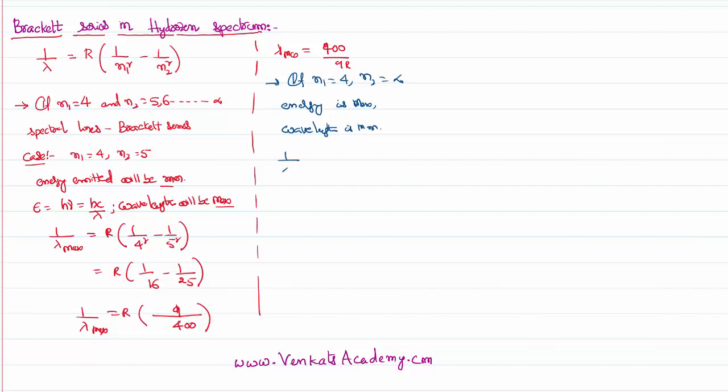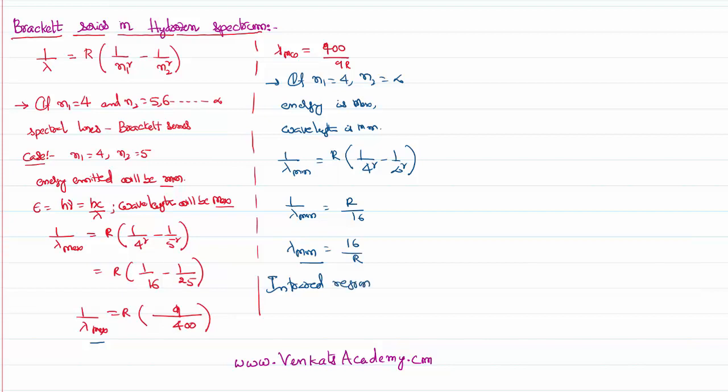We can write that equation. 1 by lambda minimum equal to Rydberg constant of 1 by 4 square minus 1 by infinity square. So 1 by lambda minimum is Rydberg constant by 16. So lambda minimum is 16 by R. If you calculate both these values, they happen to be in the infrared region. So the Brackett series is not visible. Both maximum and minimum fall into the infrared region.